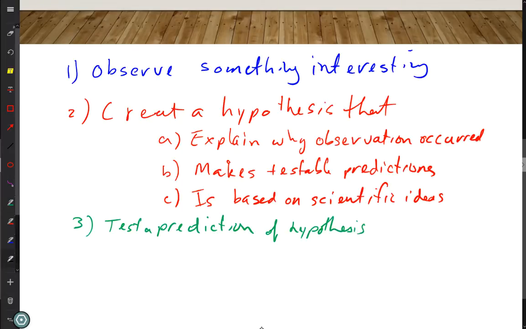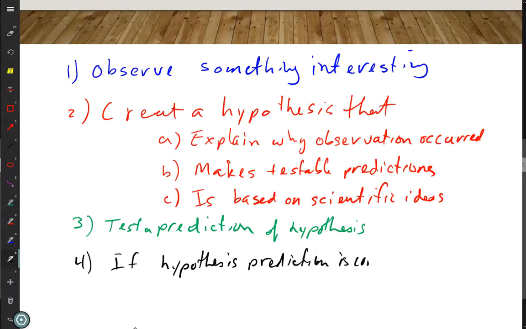And then step 4 has 2 options. If the hypothesis prediction is correct, then what do you do?